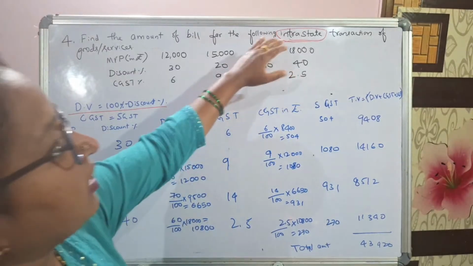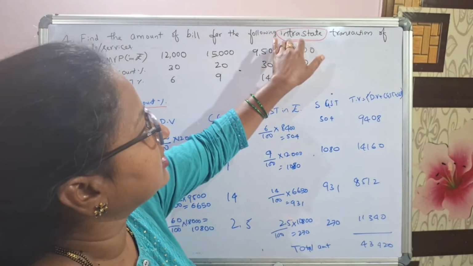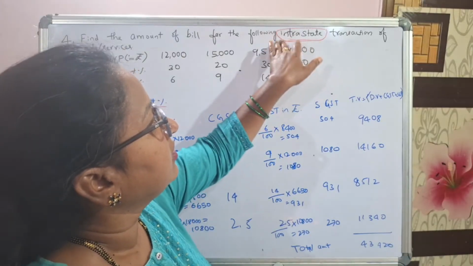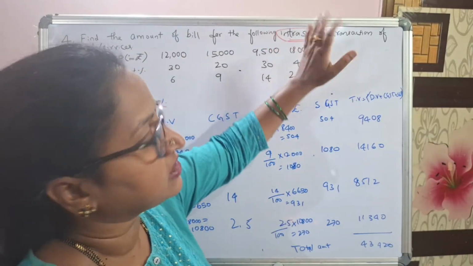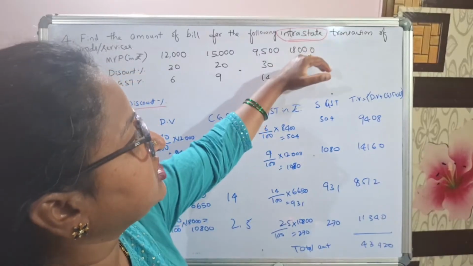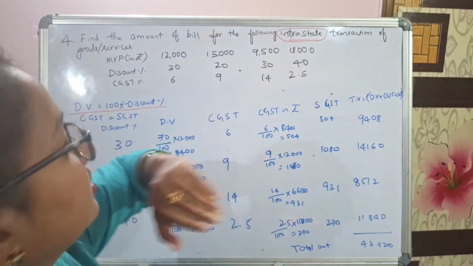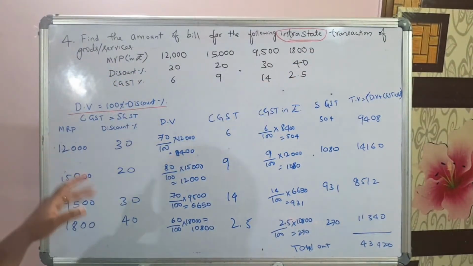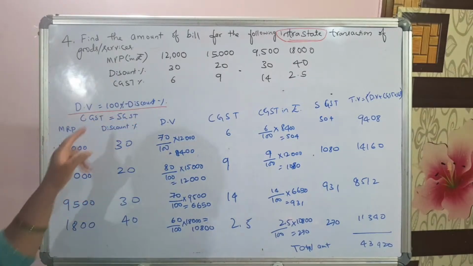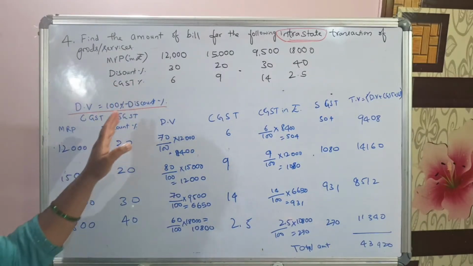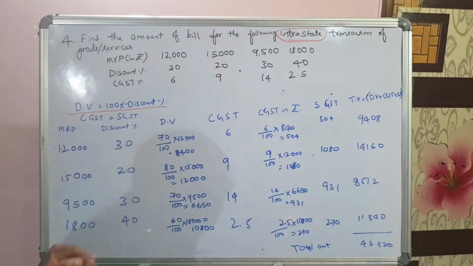See, in the question they have mentioned that the transaction is within the state, that is intrastate transaction. That means CGST is equal to SGST.